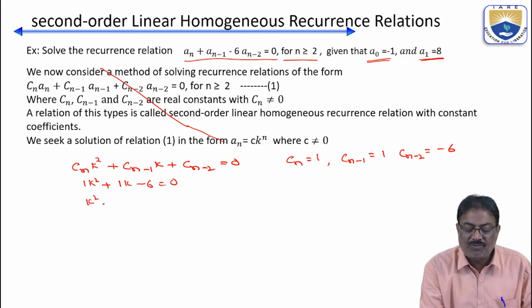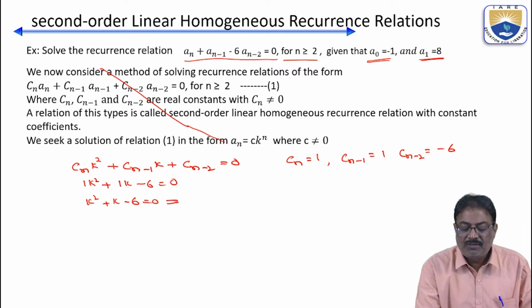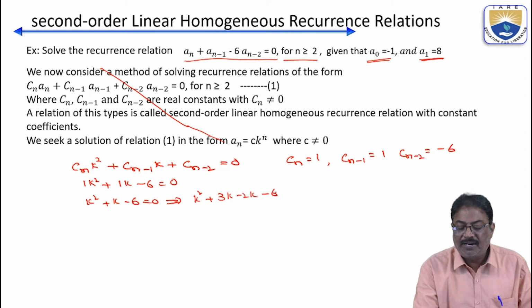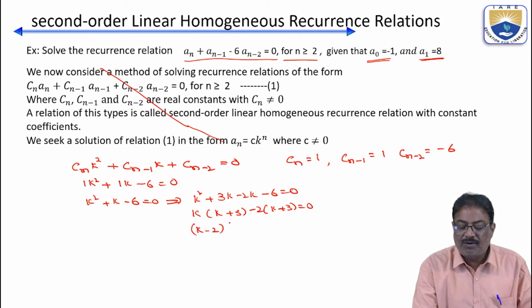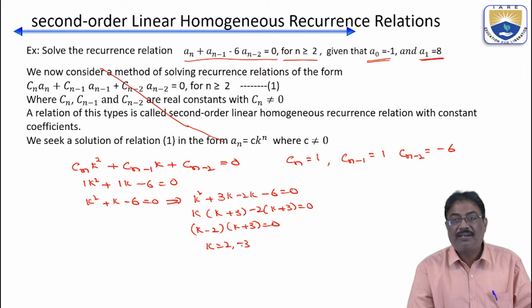So k square plus k minus 6 equals 0. Then k square plus 3k minus 2k minus 6 equals 0. So k into (k plus 3) minus 2 into (k plus 3) equals 0. So (k minus 2)(k plus 3) equals 0, so k equals 2 and k equals minus 3.